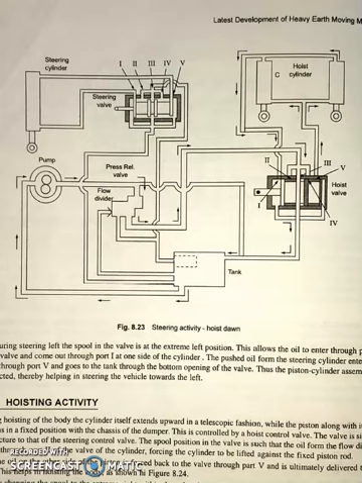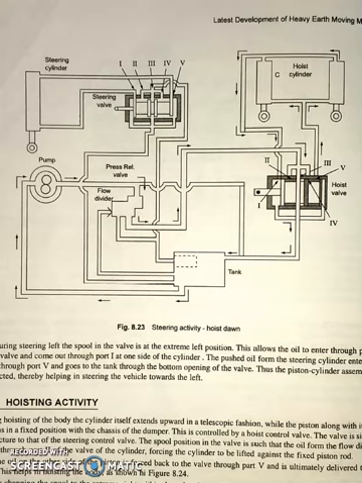Dumper steering left: the spool valve is at the extreme left position. This allows the oil to enter through port 2 of the valve and come out through port 1 at the one side of the cylinder.